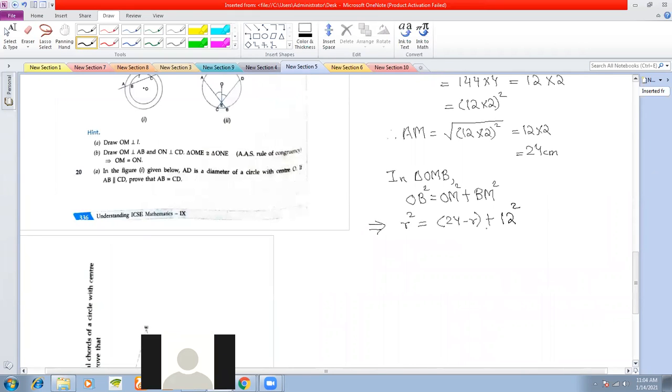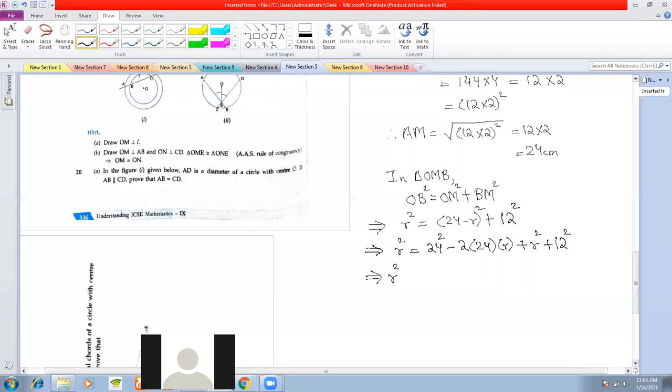Okay. So now we proceed to solve this equation. There's a square here. We get an equation in R, and we proceed to solve this equation to find out the value of R. So R square is equal to, you expand this by the A minus B whole square formula, A square minus 2 into A into B plus B square, plus 12 square.